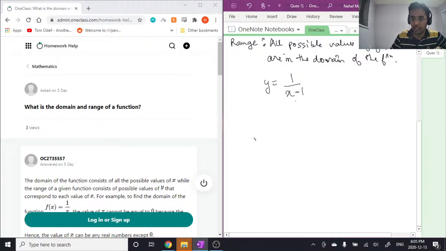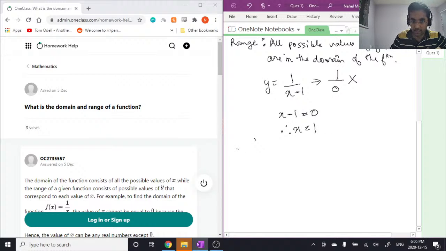We know that this function would not be defined when we divide by 0. This is an undefined function, so we can't have this. To compute for that, we can set x minus 1 equal to 0. Therefore, x equals 1.